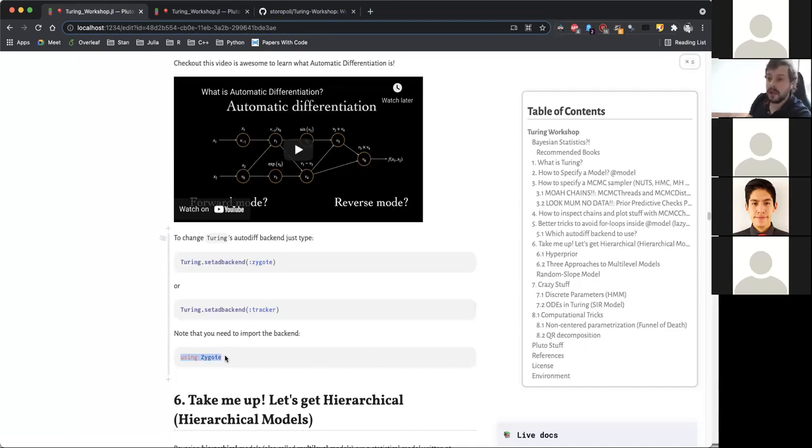There is a new backend coming soon. I forgot the name, it's something Yoda something. There is a lot of hype, and people are saying that it will make everything much faster. So more things are coming in the AD backend in the future.